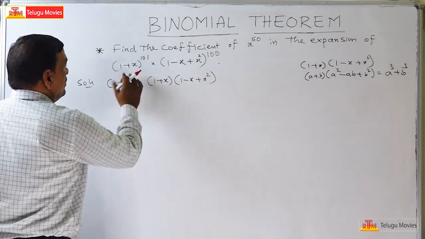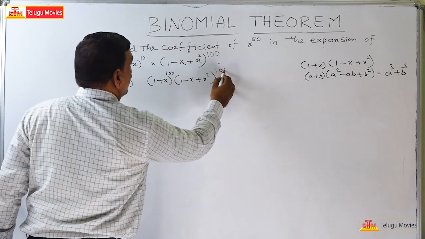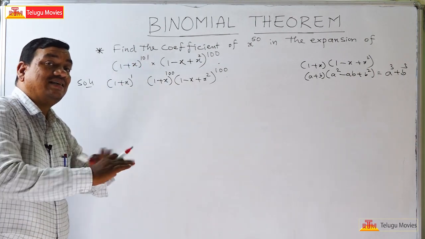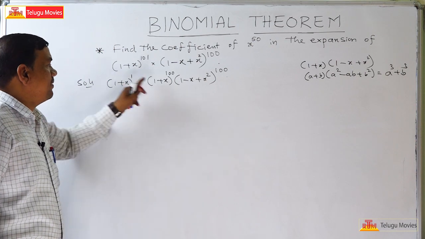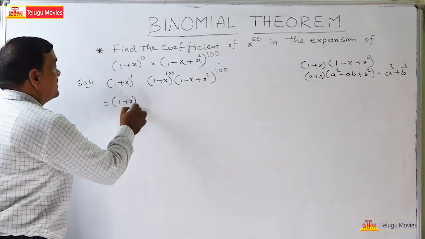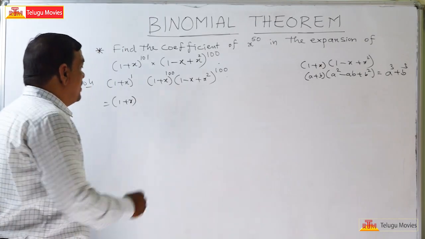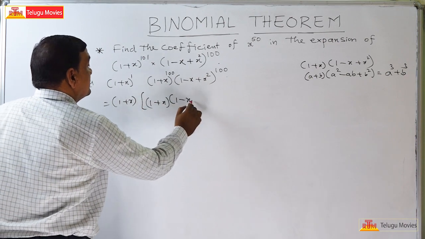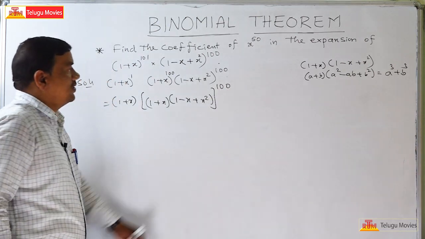Here I separated one factor from the power 100, that means 1 plus x whole power 101, using a power m into a power m plus 1. Here power 100 is there, so we can write it as 1 plus x into 1 minus x plus x square whole power 100.